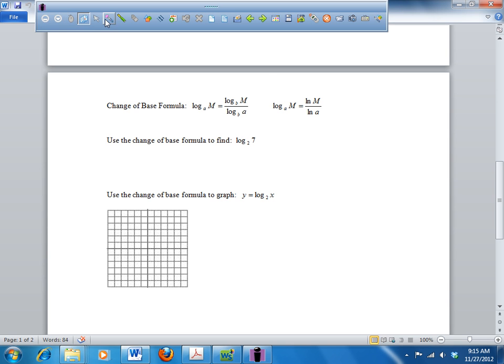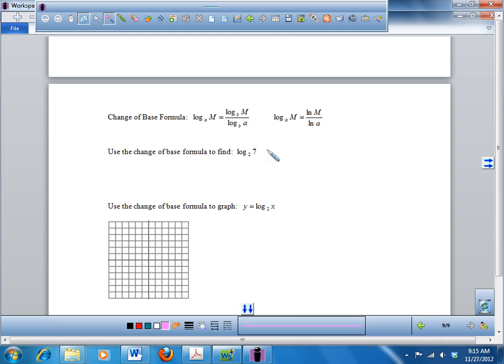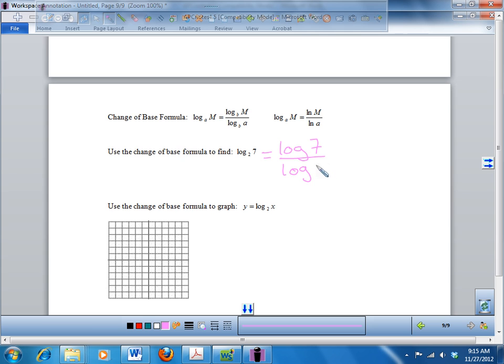So what I could do is rewrite this as log base 10 of 7 over log base 10 of 2, or natural log of 7 over natural log of 2. And then all you have to do is plug that into your calculator and you'll get an answer. Okay?